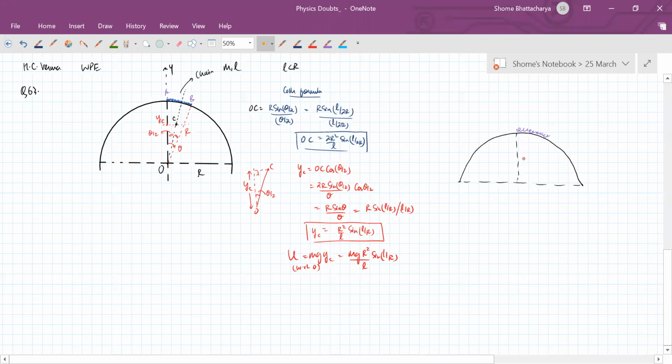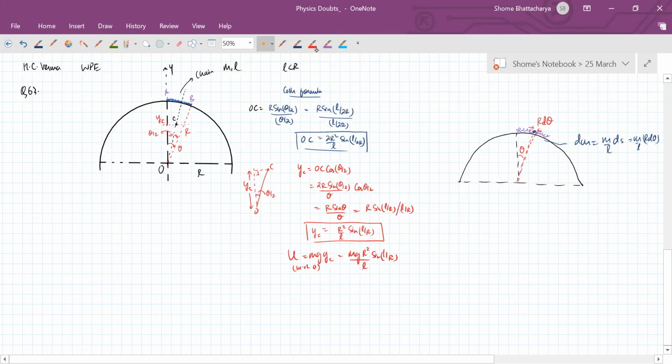At some position theta, where theta is a variable, you will take a small differential arc, r d theta. This becomes like a particle of mass dm, which will be m by L into that small arc length, so m by L r d theta.